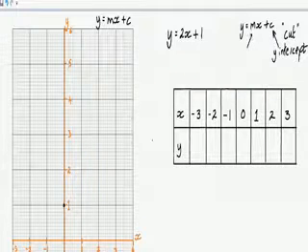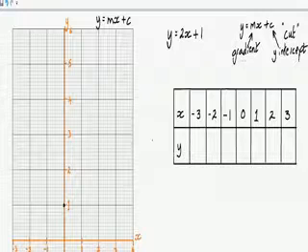The m is what we call the gradient, and that just tells us how steep the line is going to be. It could be very shallow or it could be very steep.